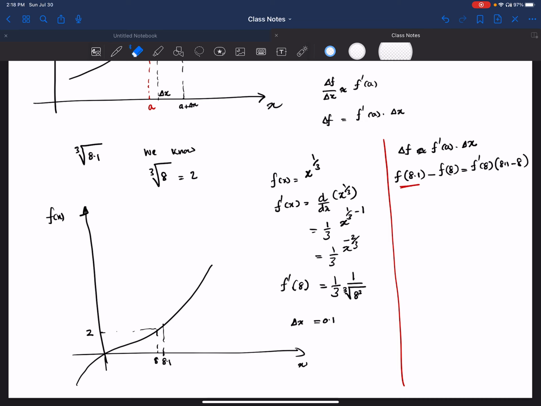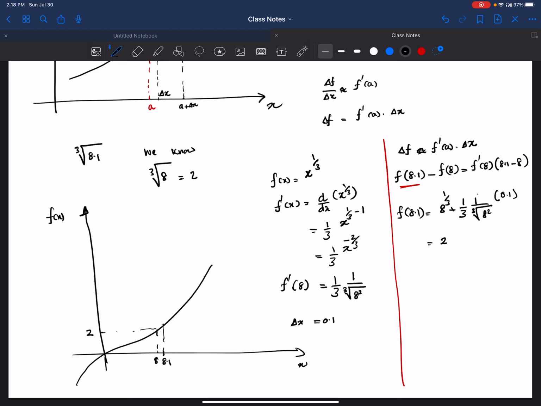Now we can write f of 8.1 equals f of 8, which is 8 to the power 1/3, plus 1/3 times 1 over the cubic root of 8 squared, and then this part is 0.1.